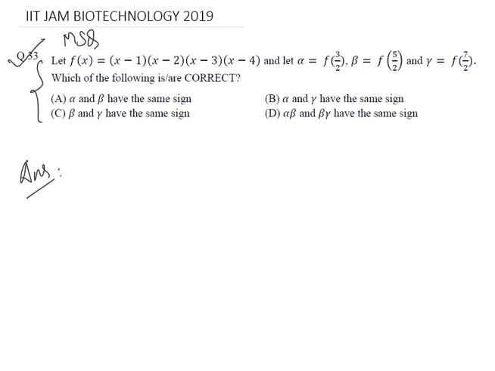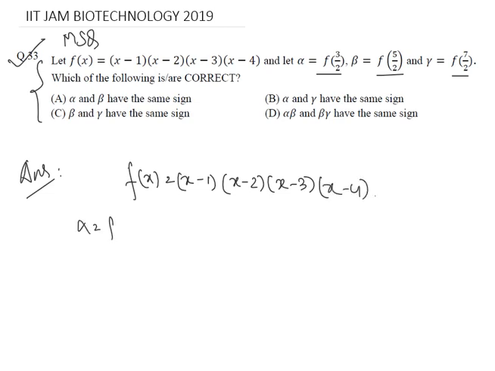So given that a function f(x) is equal to (x minus 1)(x minus 2)(x minus 3)(x minus 4), and let alpha be equal to f(3/2), beta be equal to f(5/2), and gamma be equal to f(7/2). Which of the following is correct, or are correct, we need to find it. f(x) = (x minus 1)(x minus 2)(x minus 3)(x minus 4).